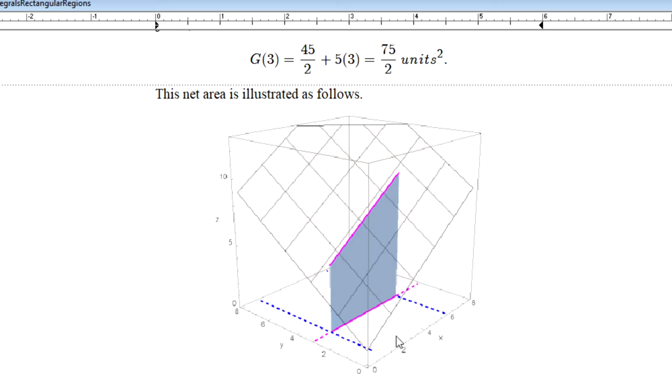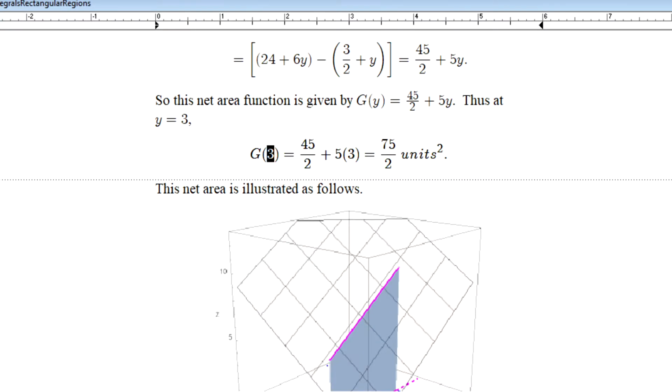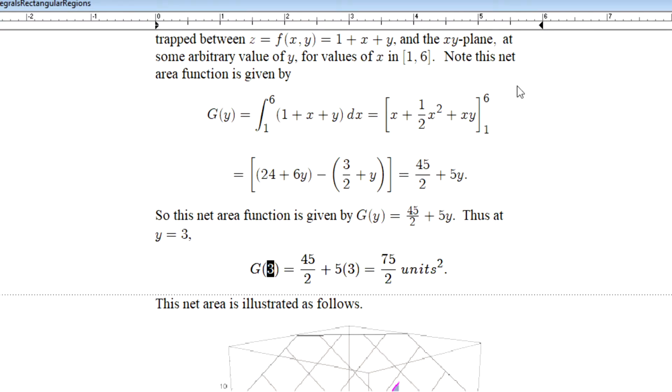In that xy plane, we have this line that forms at the value of y equal to 3. Notice that is where we are considering our net area calculation occurring. That is the case of y equals 3, halfway between 2 and 4 on the y-axis, over values of x that, if we go back in the problem, are across the bounds of x from 1 to 6.